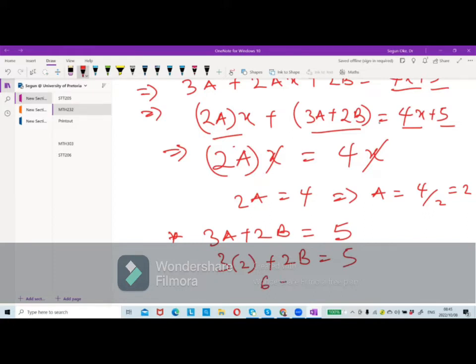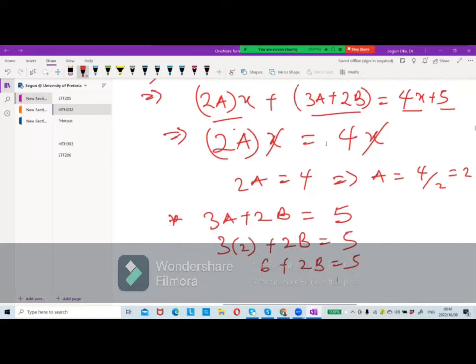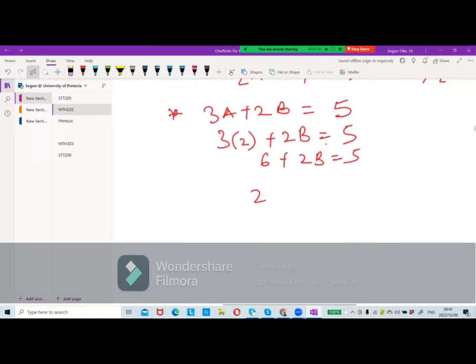I have 6 plus 2b equals 5. Then my 2b is equal to 5 minus 6. 2b is equal to what? Negative 1. Okay, my b is equal to minus 1 over 2. Do you agree? Yes, sir.